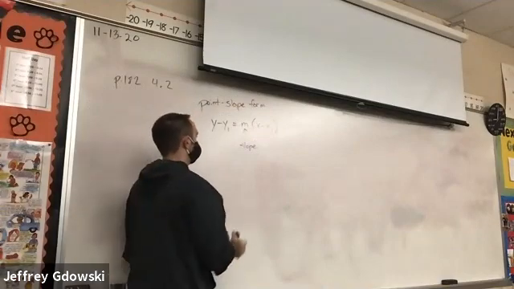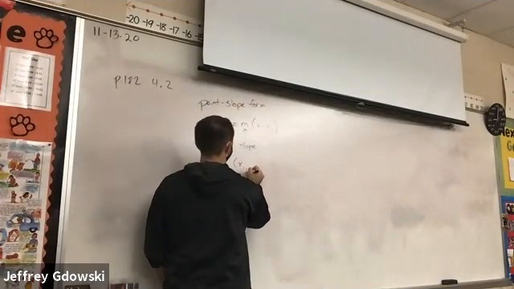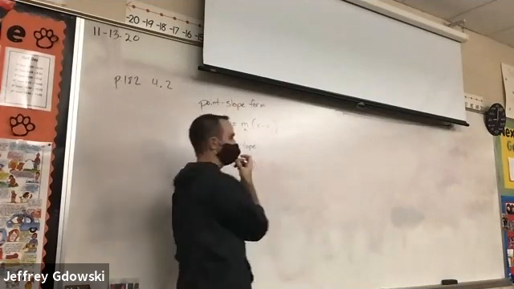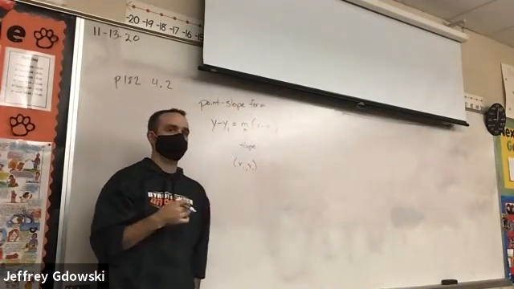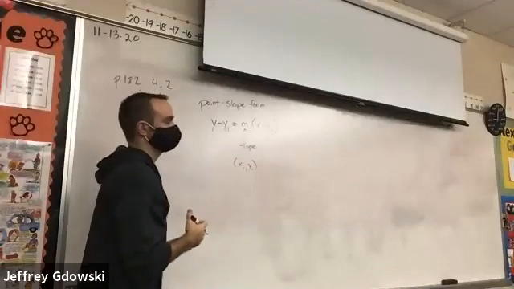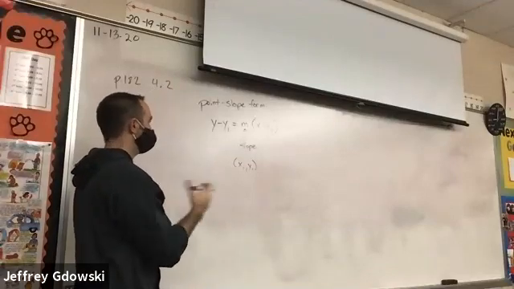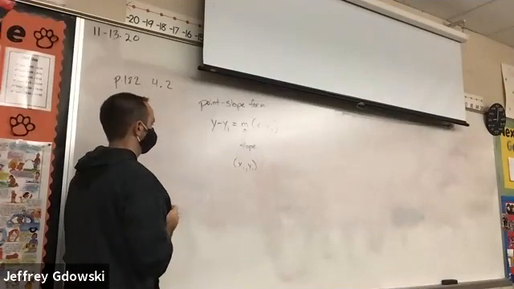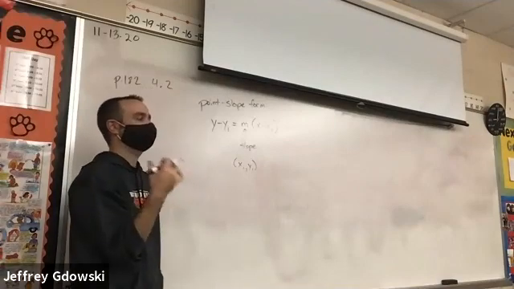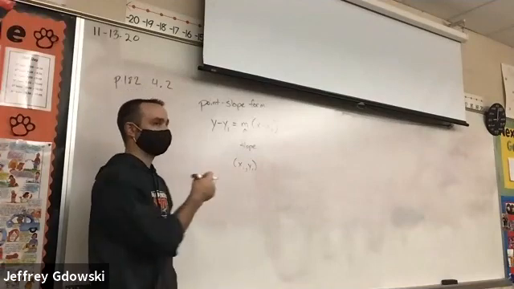And then our point is going to be x1 comma y1. x1 comma y1 is going to be a point, and that represents any point that's on the line. So x1, y1 is a point on the line, and m is the slope of that line.